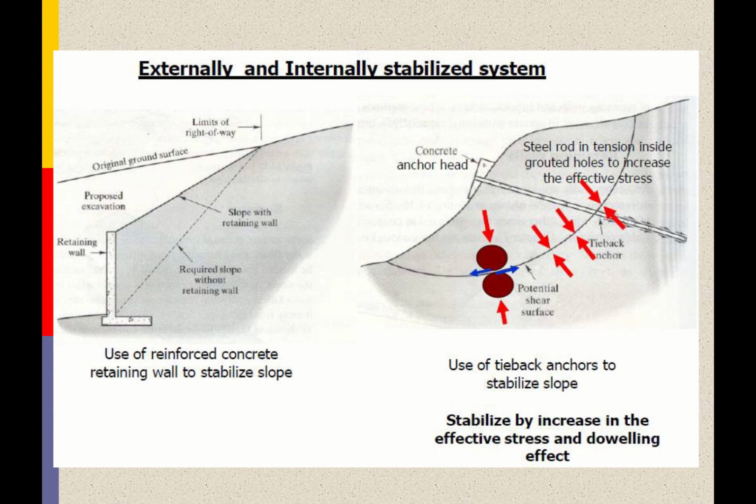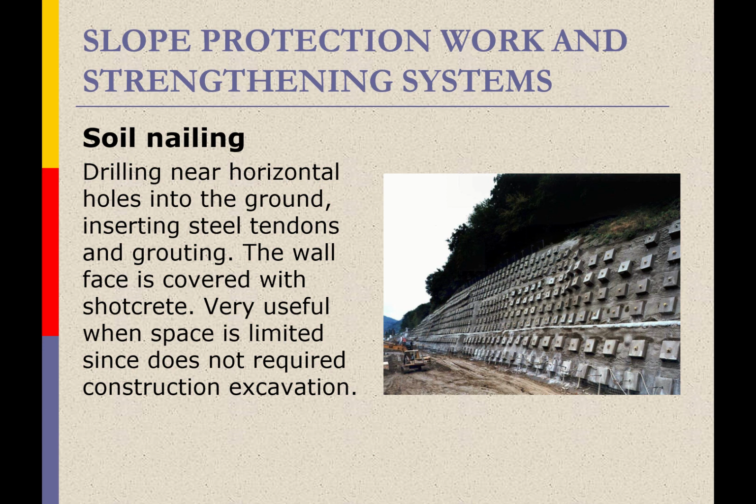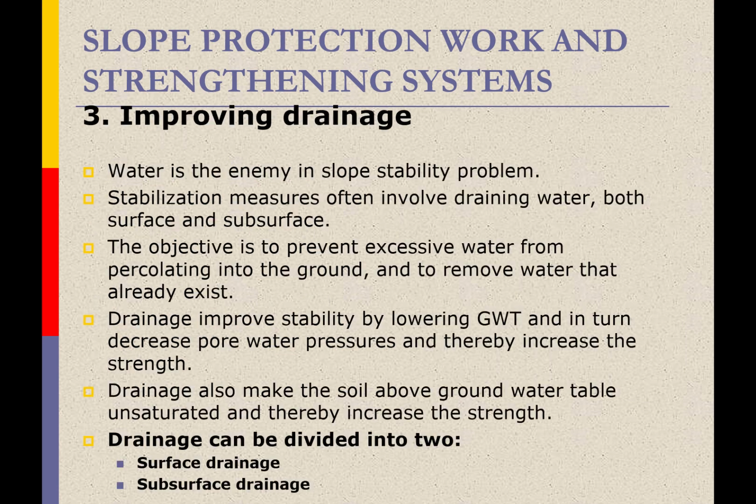So that is like nailing that steel rod inside the slope area. So this is the surface of soil nailing. The face of the slope right now is the soil nailing system. So you can see that a lot of rod has been installed inside the slope, and you can see this is quite a steep slope. So this kind of strengthening system is very much needed.